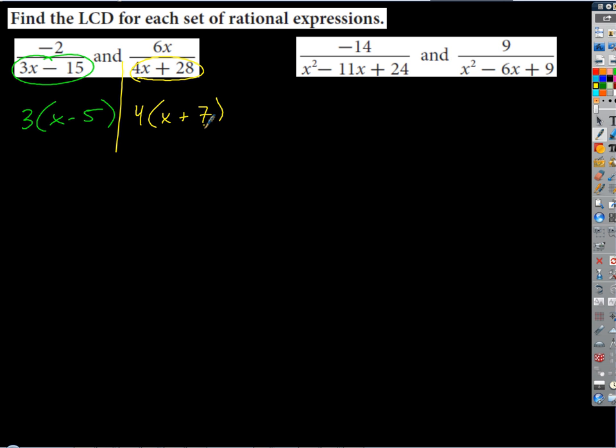There are no shared factors, right? We can deal with the numbers kind of separately. So what's the least common multiple of 3 and 4? 12. So we get the 12, that takes care of those, right? But then there's no shared factors. So I'm just going to have to multiply by both X minus 5 and X plus 7. Everybody see that? So this is my answer.